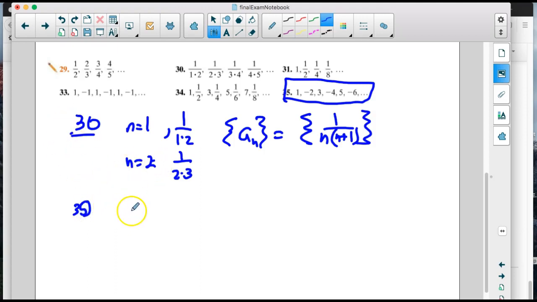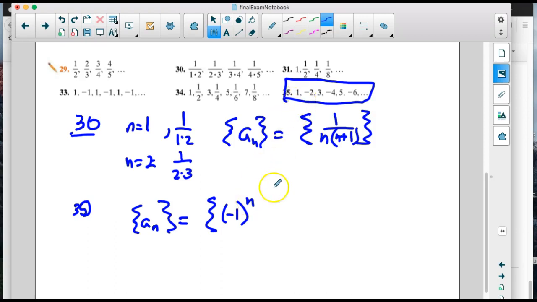If the signs alternate, we have to add something to the rule so that we can alternate the signs. That's going to happen when we have -1 to some power. If we start off with the first power of that, that's going to give us a negative number. So -1 to the first power is negative.